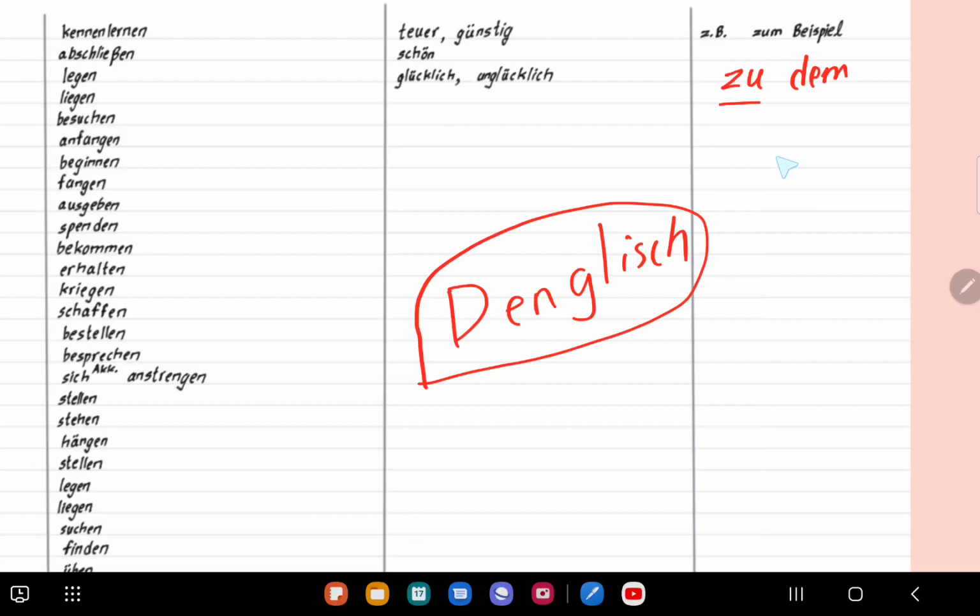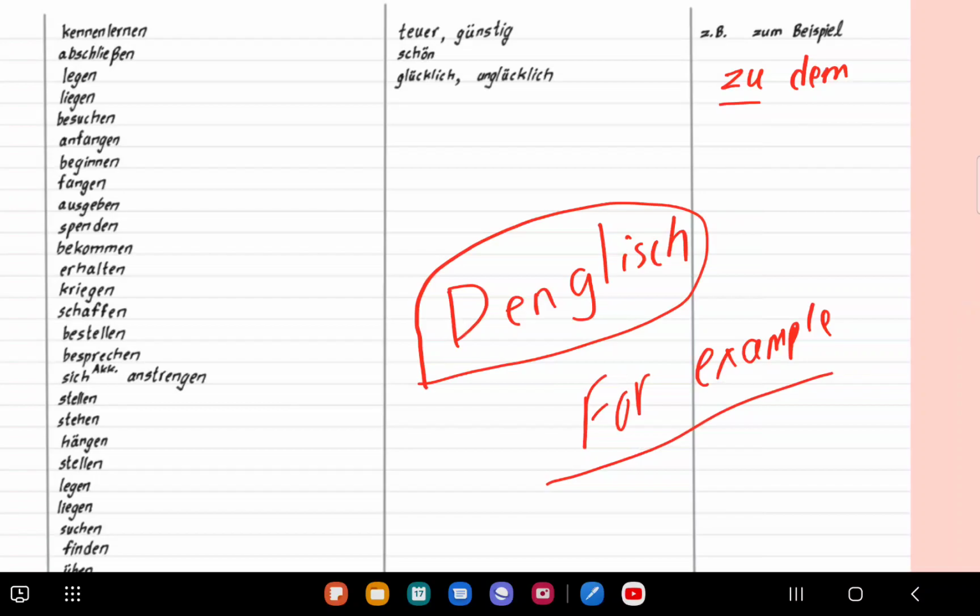What I'm saying is that whenever you're speaking English with your German colleagues or people who speak German, whenever you want to say, for example, don't say for example, say zum Beispiel. That's it. It might sound funny to you, but just start adding German words whenever you are speaking English.